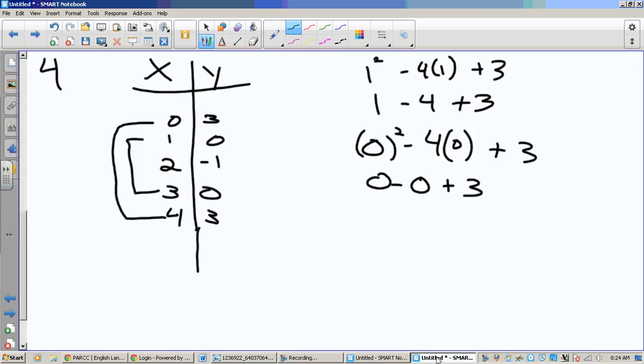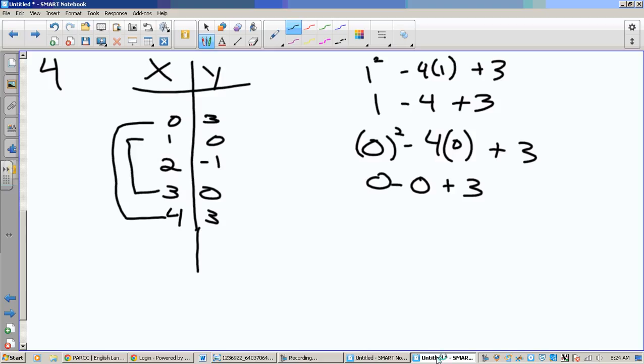I just know real quick that the value for 5 and the value for -1, if x was 5 or -1, would be greater than 3. Okay, and I could say if it was 6, it would be greater than 3 and greater than the value for 5 and -1.